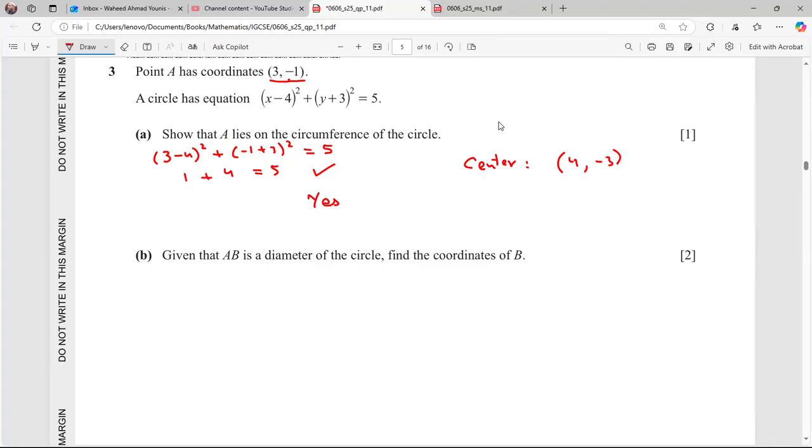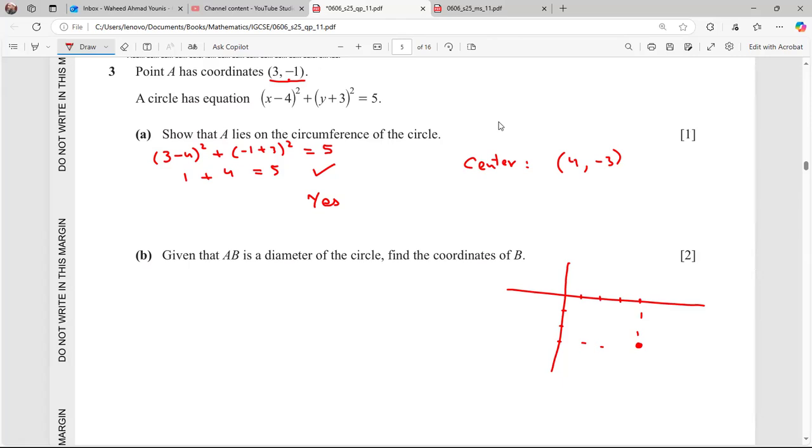Sorry, my graph is not very good. So the center is at 4, minus 3. So 1, 2, 3, 4, and 1, 2, 3. So this is my center of the circle.